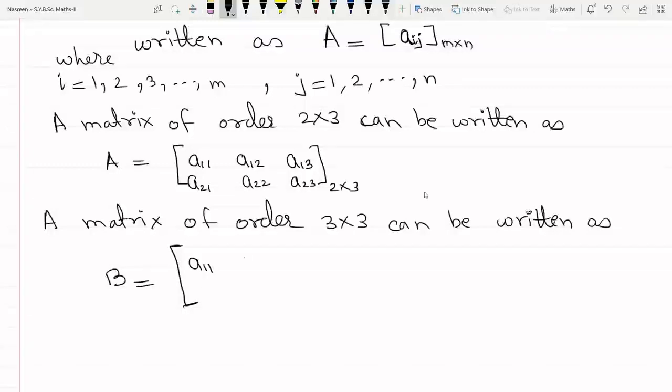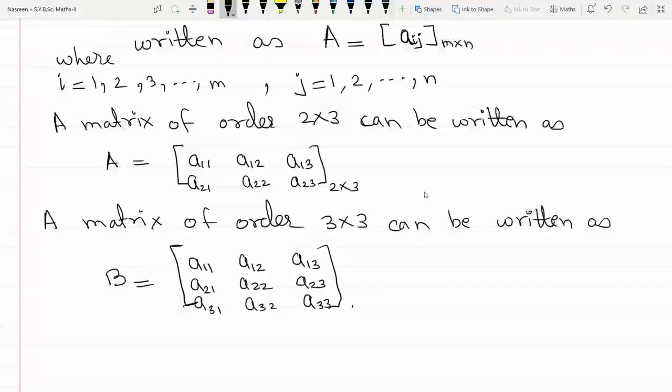A11, first row, first column; first row, second column, A12; A13. This is the general form of a matrix. Then second row: A21, A22, A23. As there are only 3 columns and 3 rows, the third row will be A31, A32, A33. So this is the notation of a matrix having 3 rows and 3 columns.